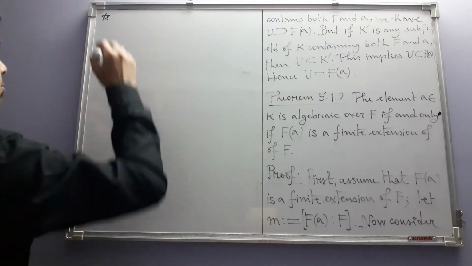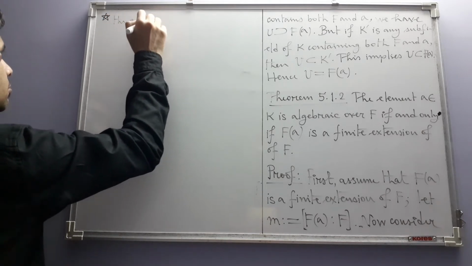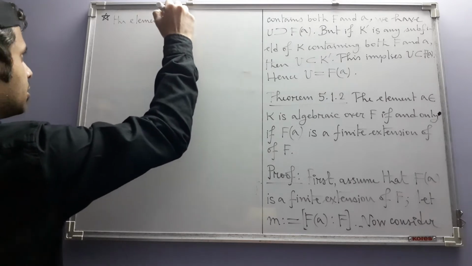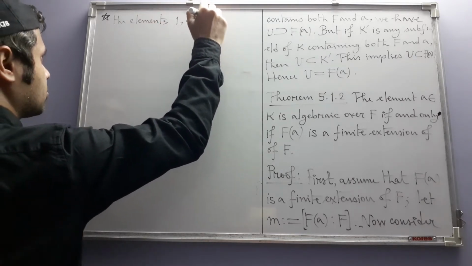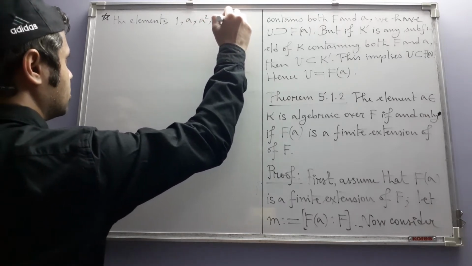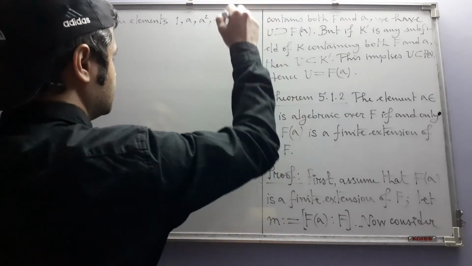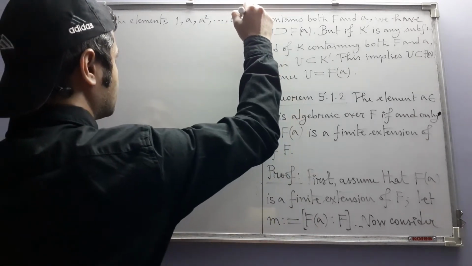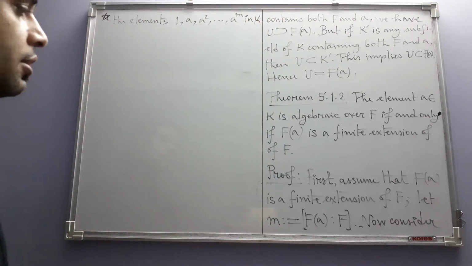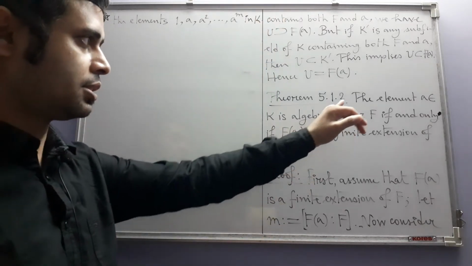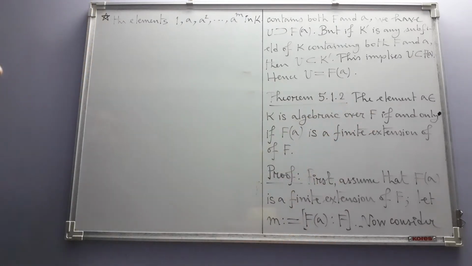Now consider the elements 1, a, a squared and so on up to a to the power m in K. Don't write in F, okay, because all we know is that A is an element of K. A may not be in F, so don't make that mistake.